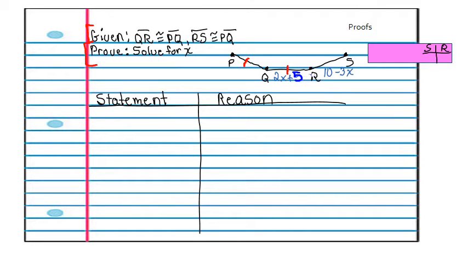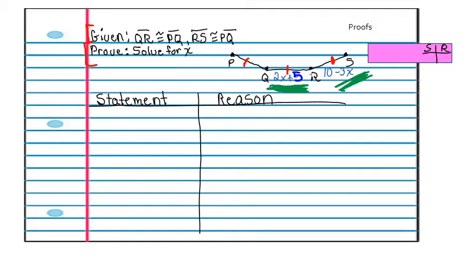We know that RS is also congruent to PQ, so that transitive property thing is going to come in, and all 3 of these are congruent. And we have to solve for X.